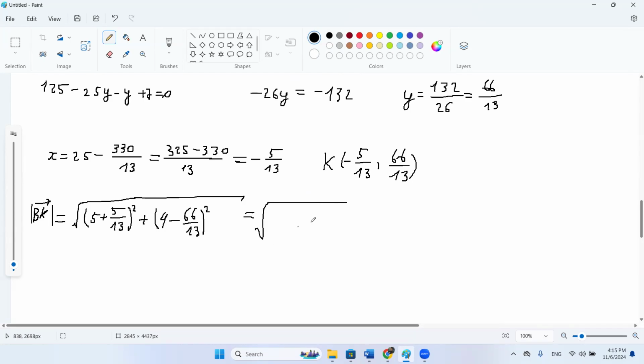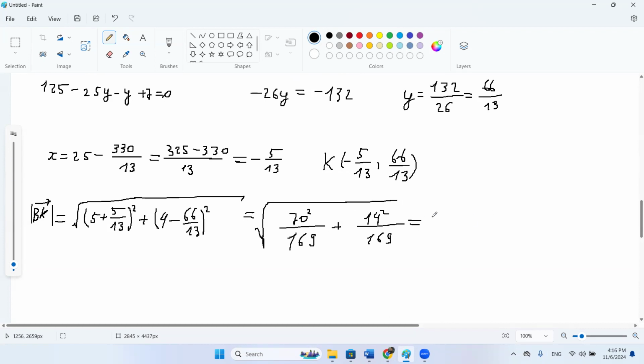So now let's evaluate. So 169 here, and now 13 times 5 is 65, so 70 in power of 2, plus the same 169. So 4 times 13 is 52, 52 minus 66, minus 14, so 14 in power of 2.